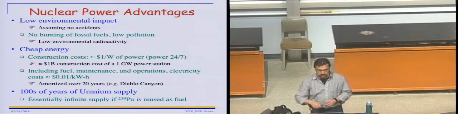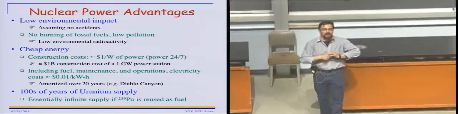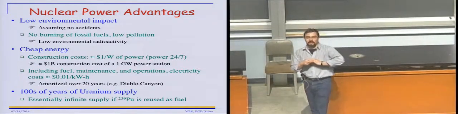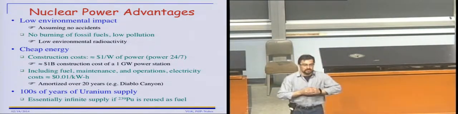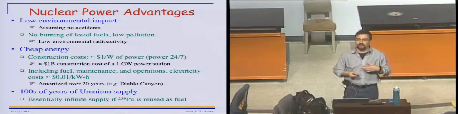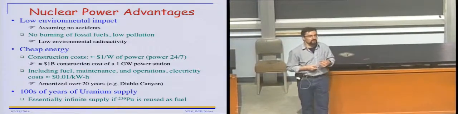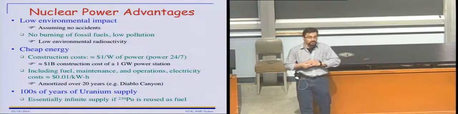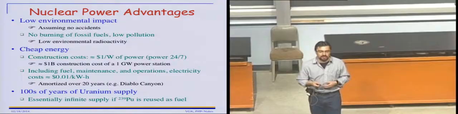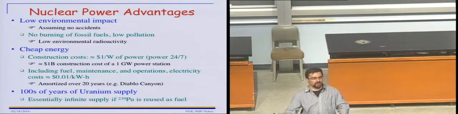So what are the advantages of nuclear power? Well, clearly, if you go back to the amount of energy produced per gram of uranium, it's 1,000,000 times larger than the typical energy produced by fossil fuels. So nuclear reactors have a distinct advantage in that you don't need as much fuel to produce large amounts of power.